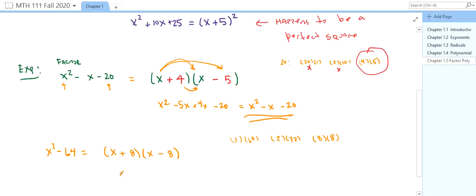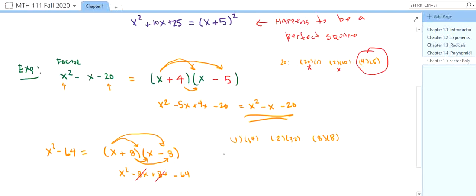Well, let's try this out. So x times x is x squared. X times minus 8 is minus 8x. And then 8 times x is plus 8x. And then 8 times 8 is going to be minus 64. Now look here. We got a minus 8x and a plus 8x. These things cancel.